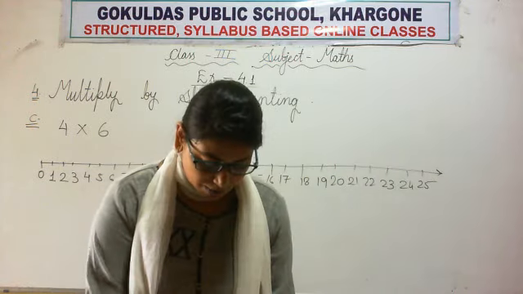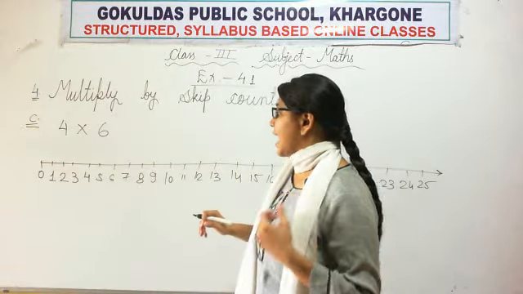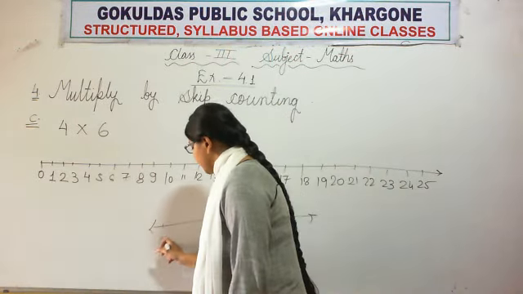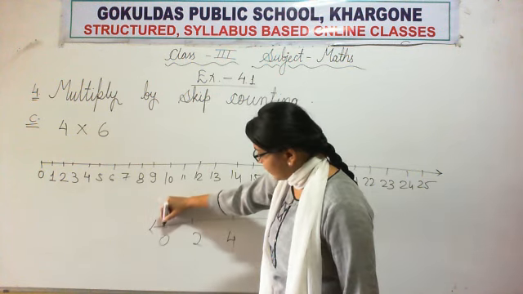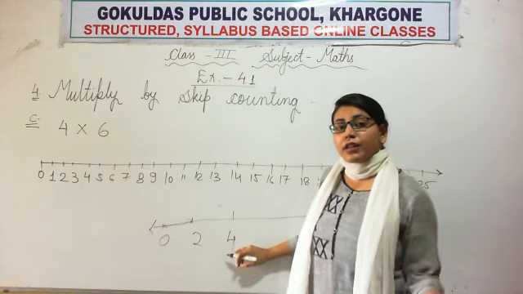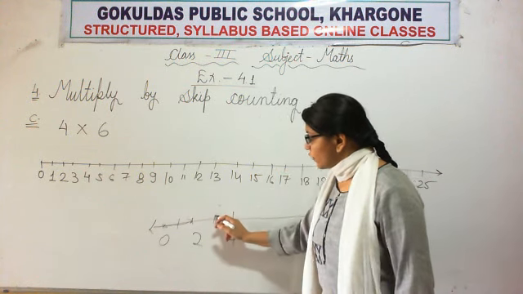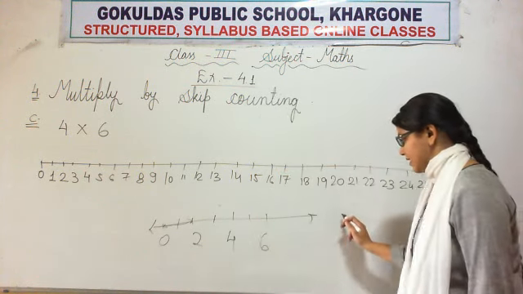See, what we have learned is that in a number line the distance between two numbers must be equal. If it is 0 to 2, it means the next number will be 4, not 3, because we skipped 1 here. So we will skip one number here, then we will skip one number here and then write 6.